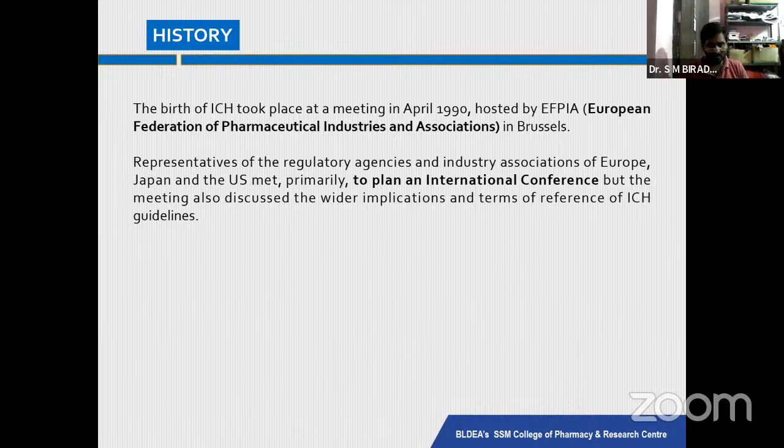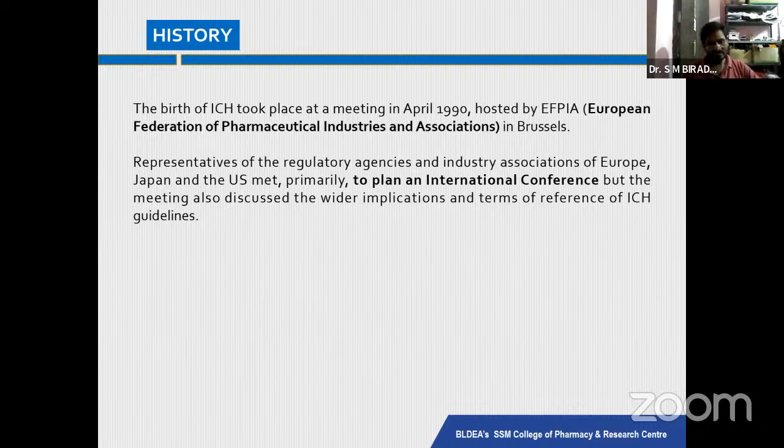The ICH was a representation of regulatory agencies. Regulatory agency means one which controls product manufacture and sale. It was a representation of regulatory agencies and industry associations of Europe, Japan, and the US.